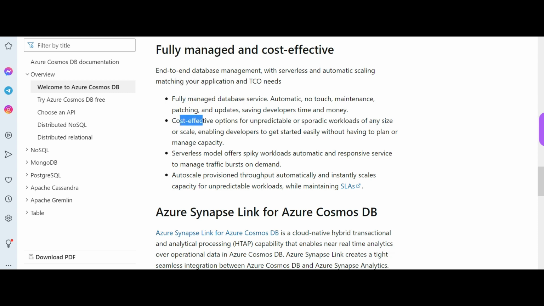It says it is cost effective, but this database is very expensive, like steroids are expensive. It is serverless, you can auto scale and so on. Basically, whatever you require in a modern database or a modern storage, it has everything.